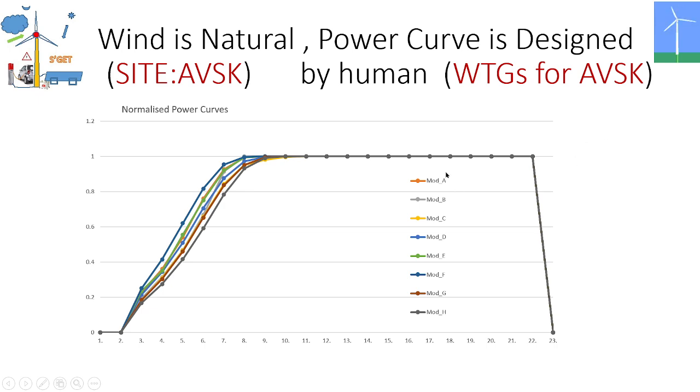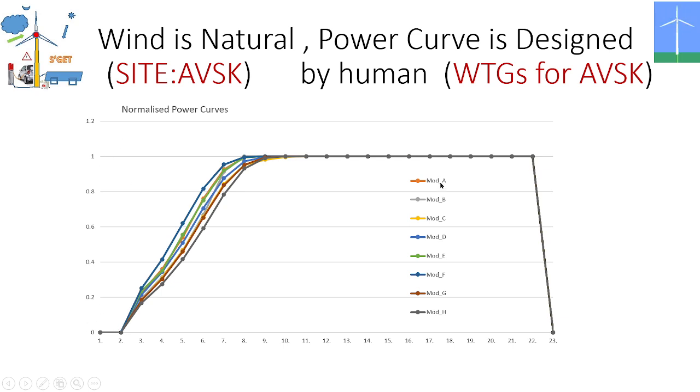They wanted to make a viability study. So we made about 8 models of wind turbines. We took the power curve. To maintain anonymity, we have normalized the power curve, that means 0 to 1 only we have shown.